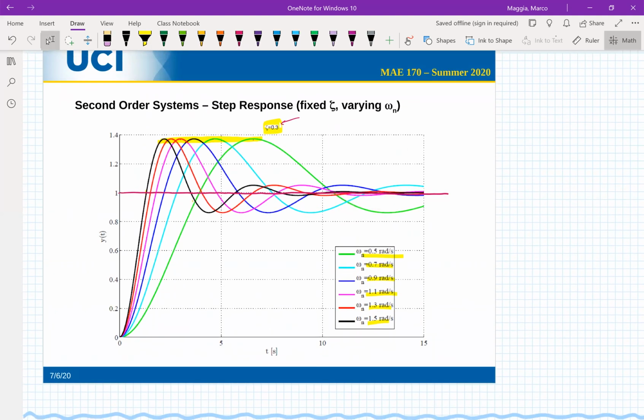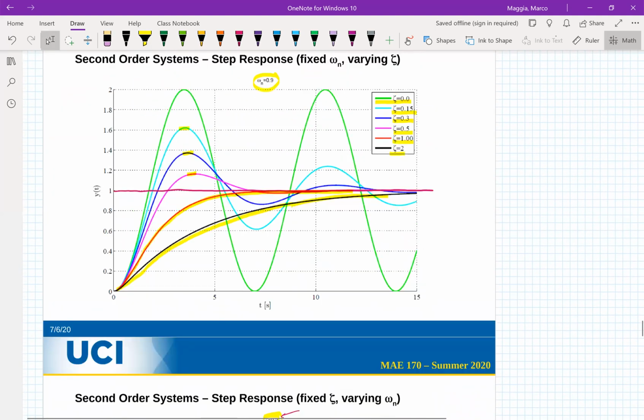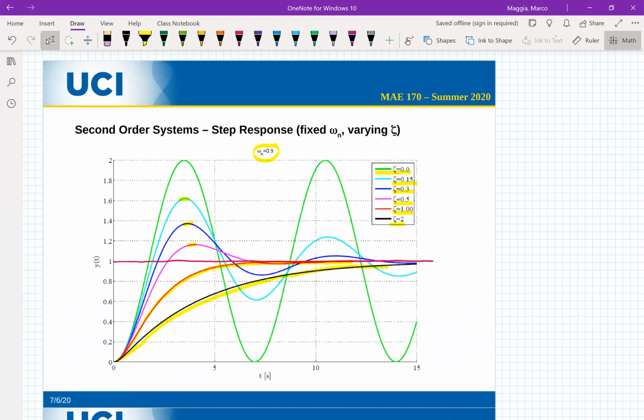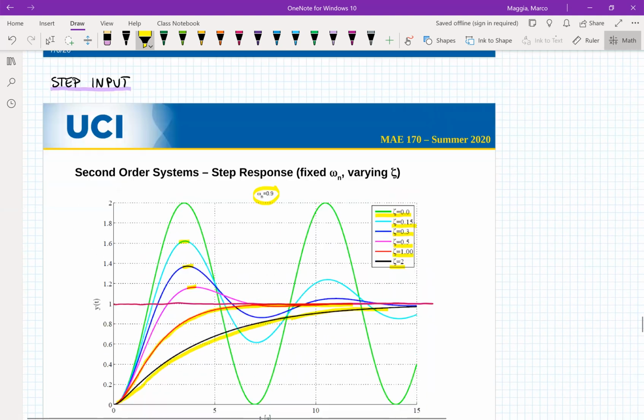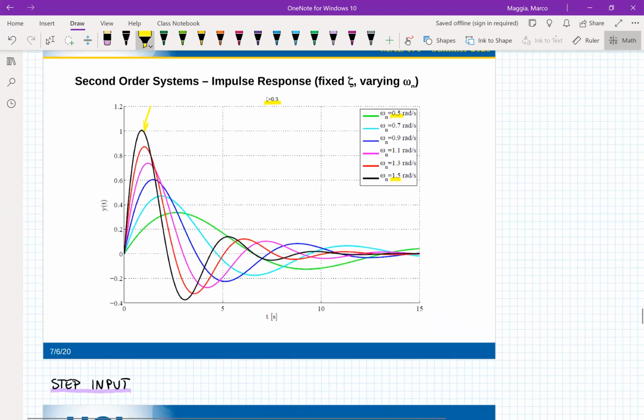Okay, just one last thing that I want you guys to notice is that you always want to think about the output as how well the system tries to copy the input. And what I mean is the following.